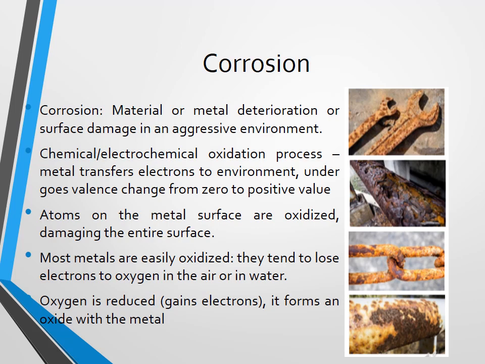Just like in the previous slide, we have seen that corrosion is an oxidation of the metal. Basically, redox reactions take place in corrosion. The metal surface gets oxidized by the transfer of electrons to the environment, and the other species get reduced.